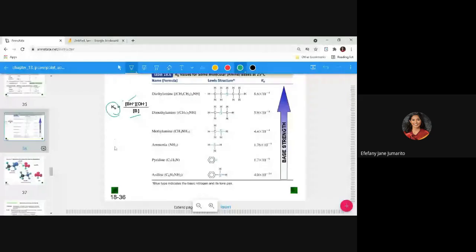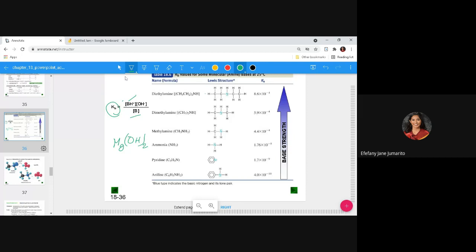If we have a metal and it binds with OH, is that a base or an acid? Is it a base or an acid? Base.